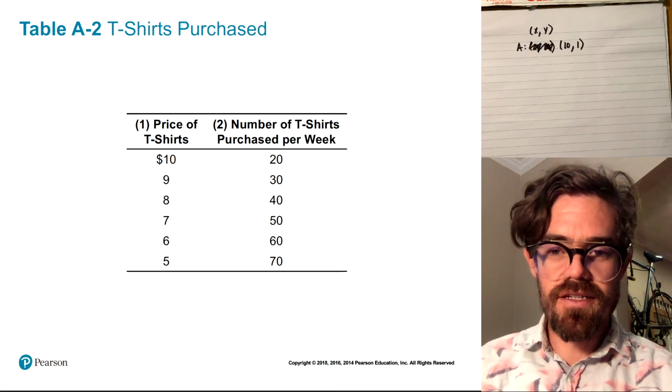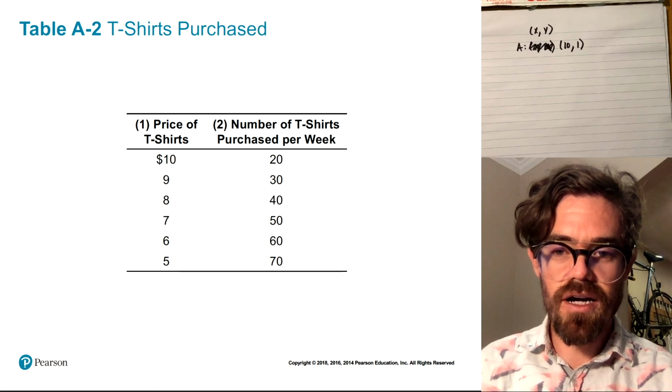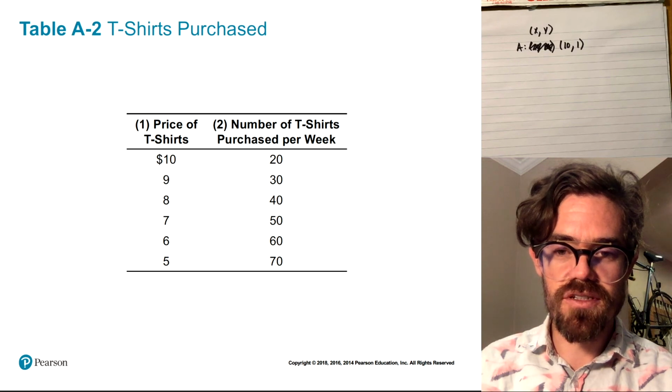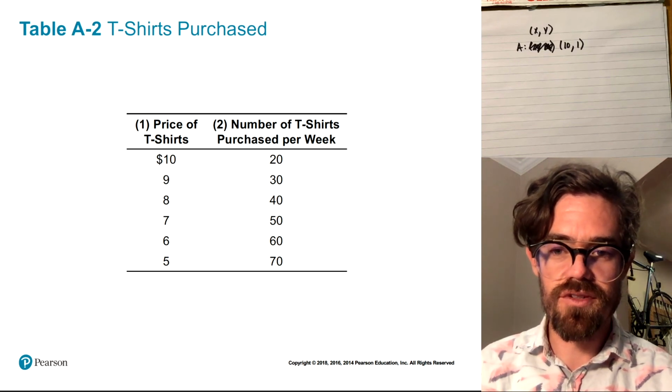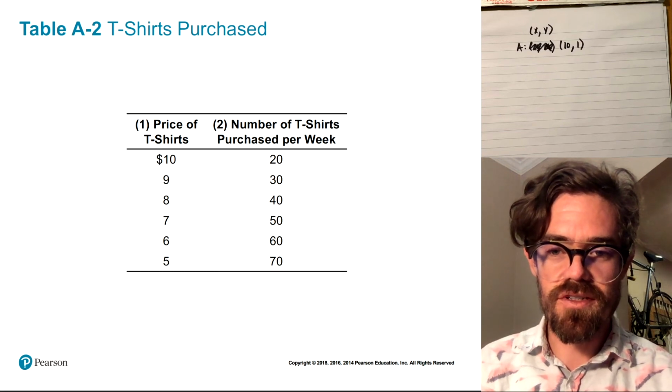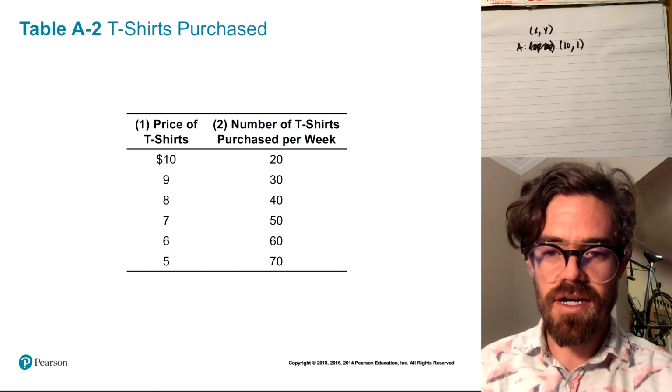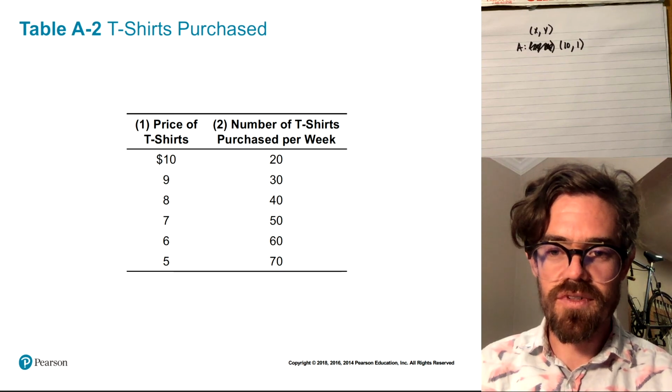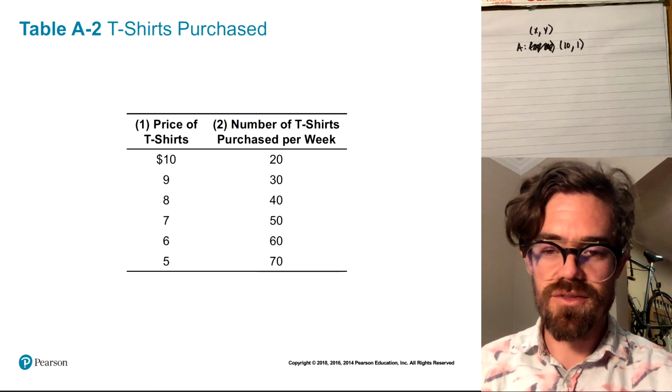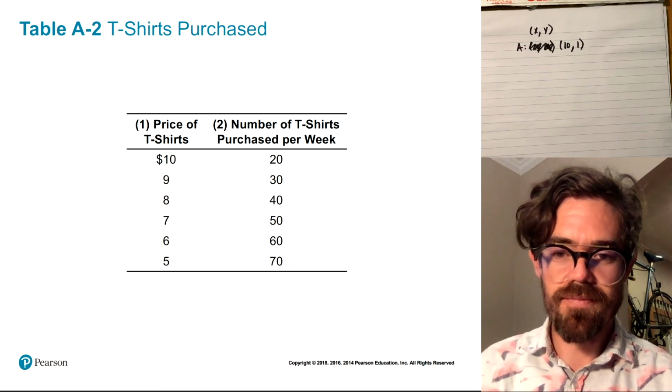Take a second and if you need to, pause the video and determine what kind of relationship. Is this a direct relationship or an inverse relationship? Do these things move in the same direction? Is it direct? Or do these things move in opposite directions and it's an indirect relationship? Which of those is it?